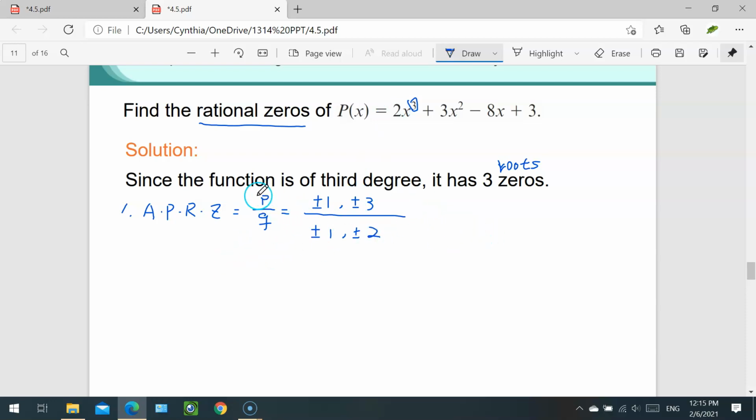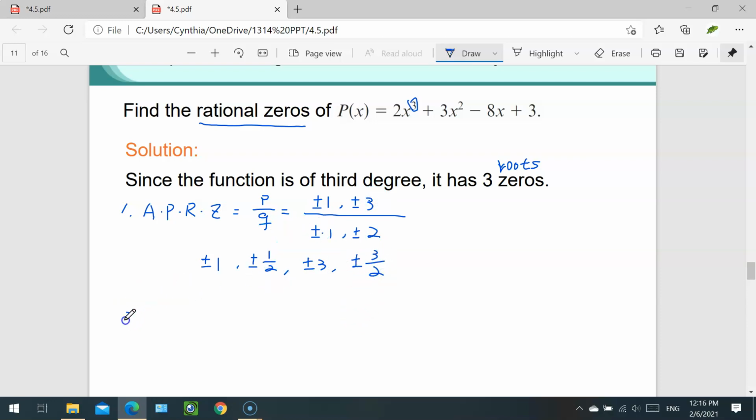Now we clean up the selection here. So all possible rational zeros for function p of x would be 1 divided by 1, you get 1. 1 divided by 2, you get a half. 3 divided by 1, we get a 3. 3 divided by 2, you get 3 over 2.